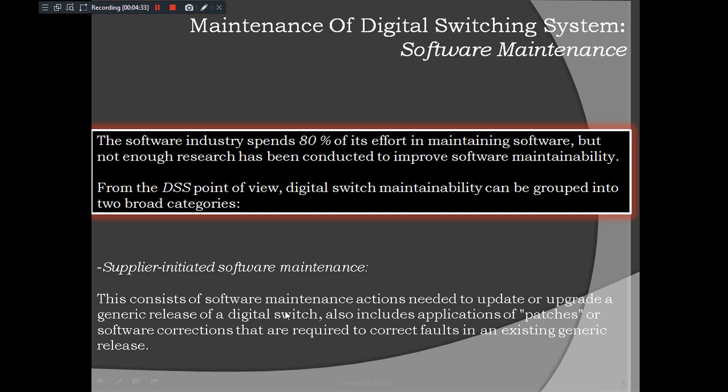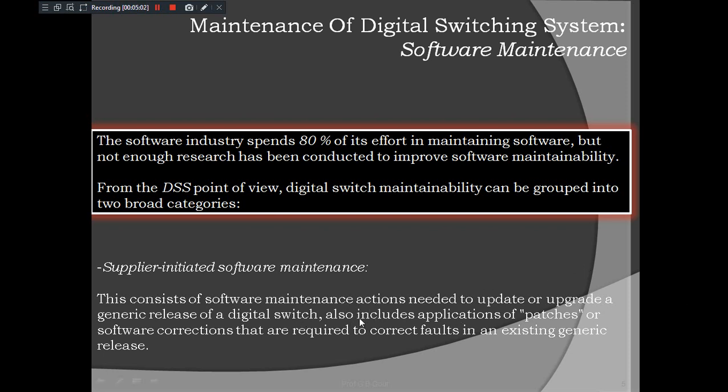But the problem with the software is that the versions are revised by the owner companies as they keep including new features in order to attract customers or stay in the market. So when you initially purchase the digital switching system with 2.3 software, after some months it will start asking for updates.